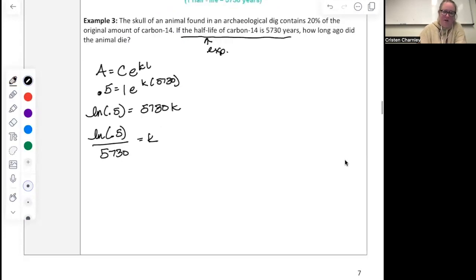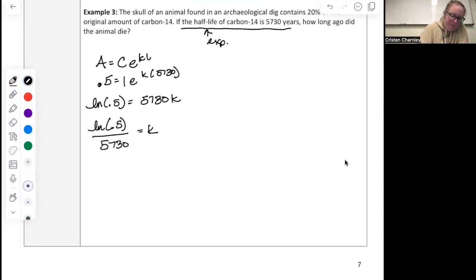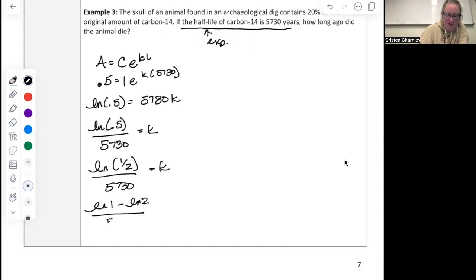Now, we're going to do a little natural log math. 0.5 I know is 1/2, so this is natural log of 1/2 over 5730, which is the natural log of 1 minus the natural log of 2, if you remember those rules. And what's the natural log of 1? That's a 0. So negative natural log of 2 over 5730 is my k. That's our rate.